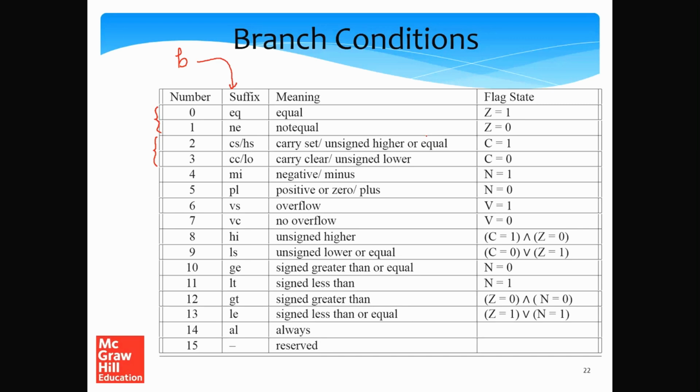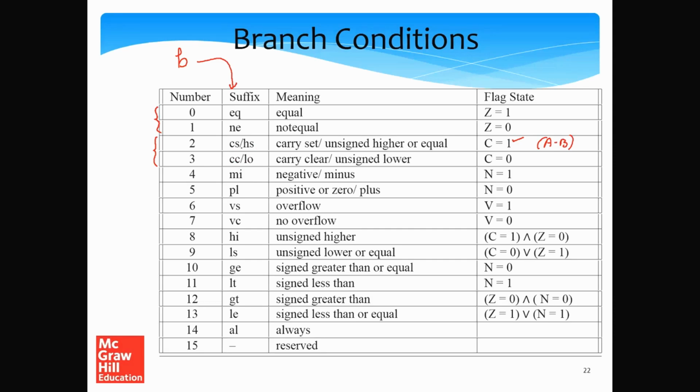The way we would compare any unsigned number A and unsigned number B is that we subtract B from A. Given any two numbers, to compare them we subtract A minus B. If A is greater than or equal to B, which means it's unsigned higher or equal, then there will be no borrow, so the borrow will be false. As a result, the carry bit will be equal to 1. This is pretty much the condition that the hardware checks, that is, is the carry bit equal to 1. In this case, this particular condition is true.